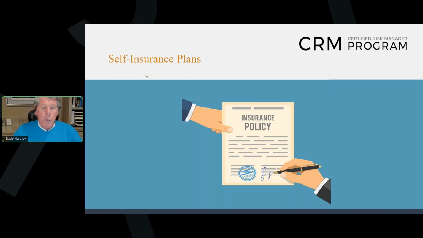The more skin you, meaning the insured, have in the game, the more willing the insurer is to provide some flexibility, having input in the decision-making process on claims, that type of stuff.